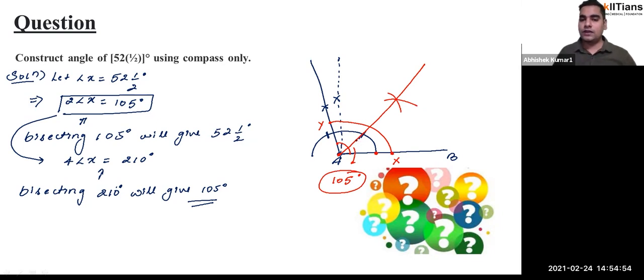So each part will be 52.5 degrees, or you can say this angle will be 52 1/2 degrees. Is that clear? That's done. That's exactly what we were supposed to do in this problem. Go through it and ask me if you have any query. I will show you the steps as well as the proper figure in the next slide.